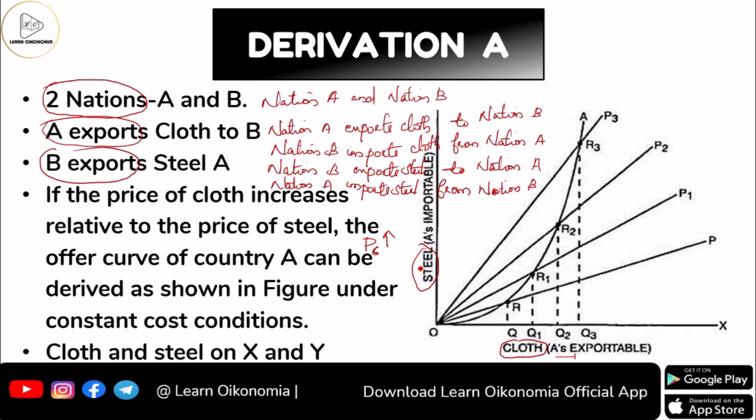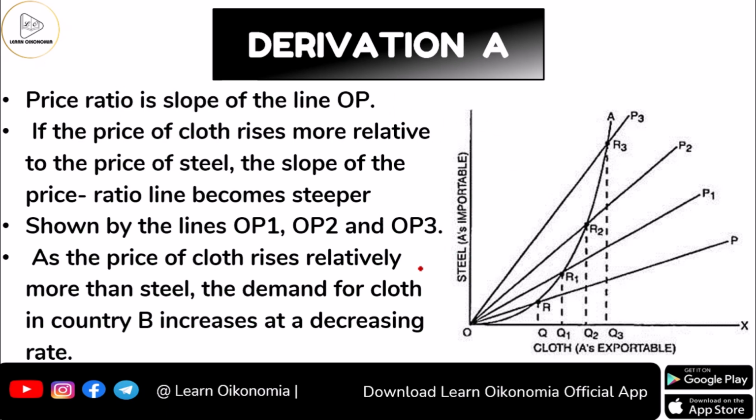Let's proceed and see how we can derive the offer curve of A. In this diagram, the price ratio is the slope of line OP, which is the original situation. Consider that the price of cloth is increasing more relative to the price of steel.